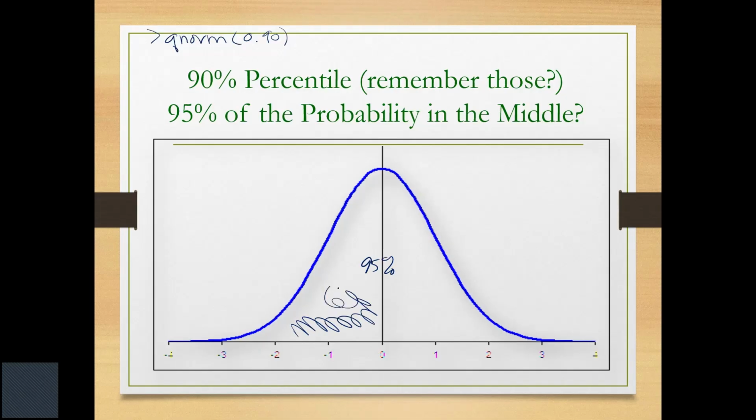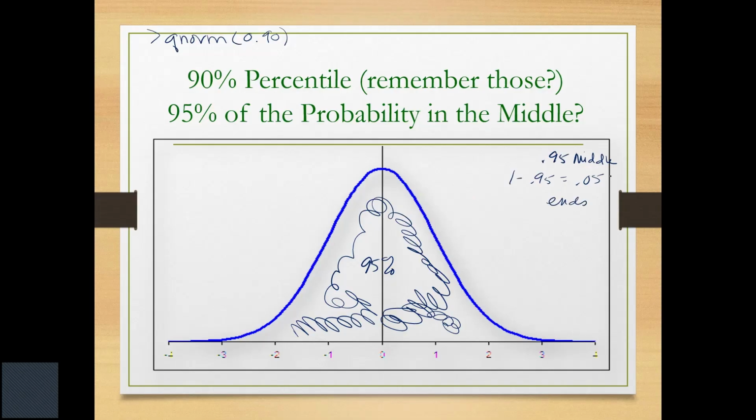To do the middle part, we need to ask what is left over. If we want 0.95 in the middle, that means 1 minus 0.95, or 0.05, is on the ends. But we've got two ends, so 0.05 divided by 2 is 0.025. And so basically 2.5% is in each end.